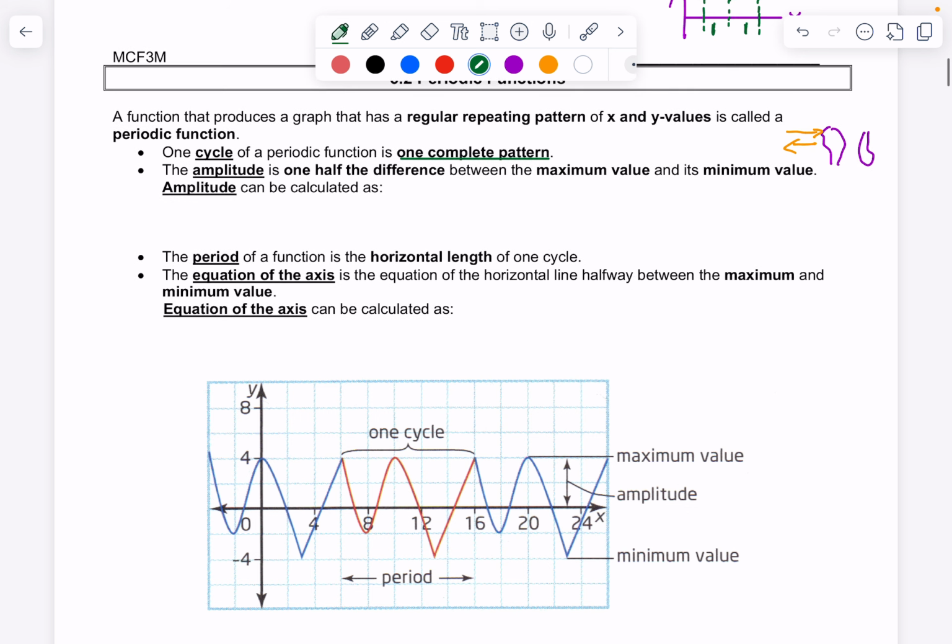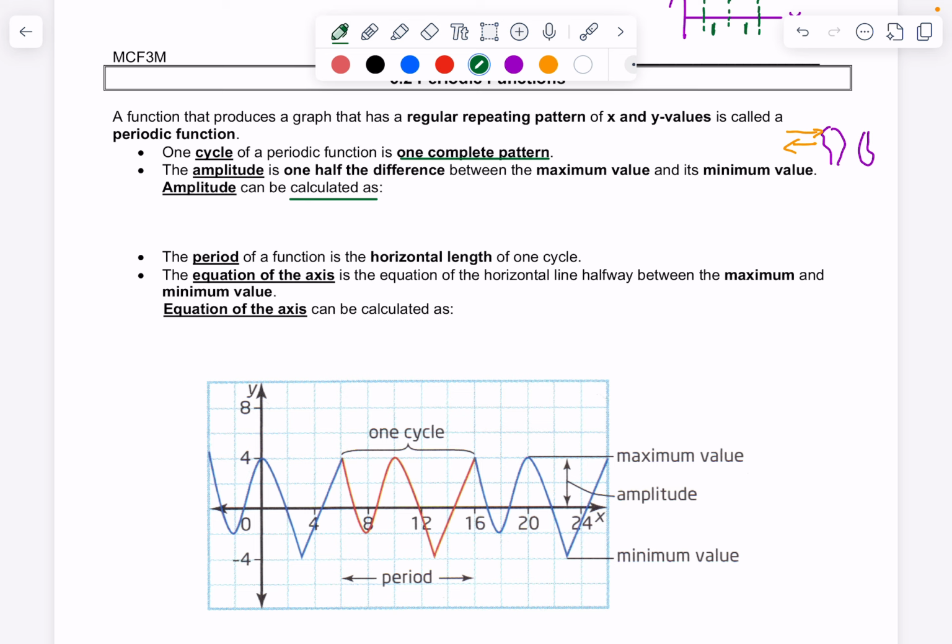The amplitude, this is a word that we will be using a lot. The amplitude is half the difference between the maximum value and the minimum value, all right? We'll go into more detail, but I'll just give you the formula right now.